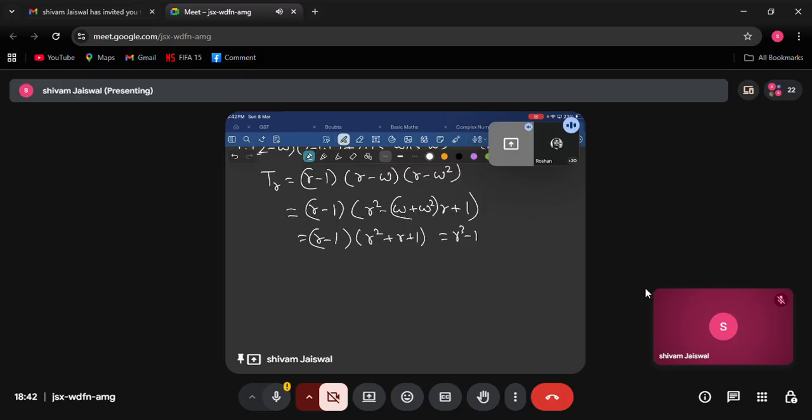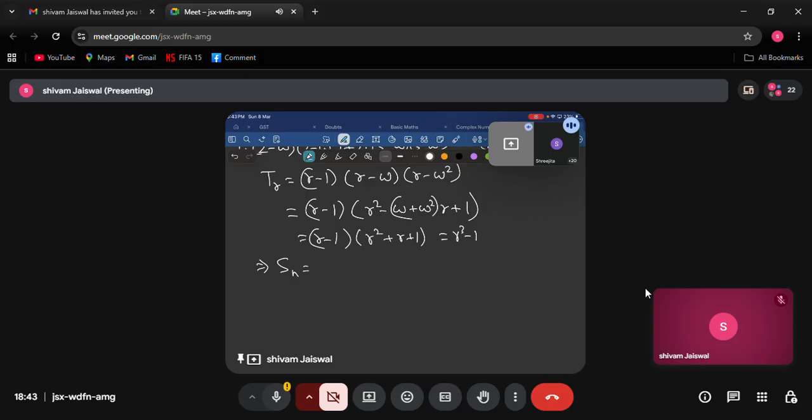So if TR is equal to R cube minus 1, Sir, I have sent an answer. Can you check? Sn is equal to... yes, your answer is correct. Yes, Adrija, your process is correct.